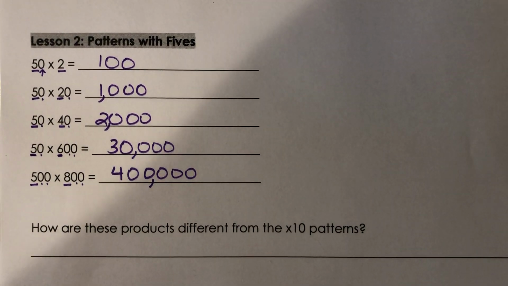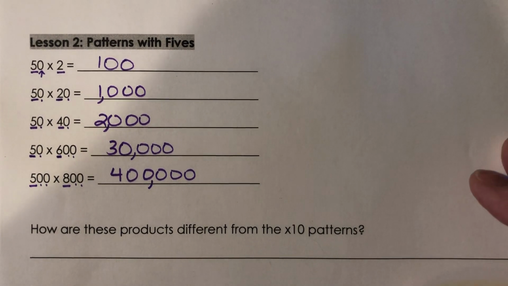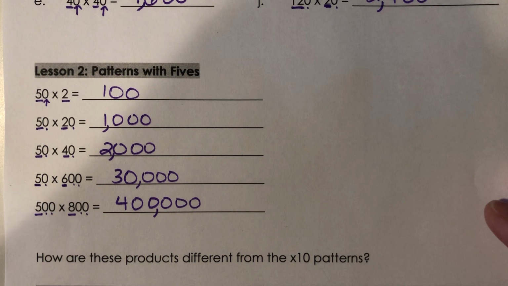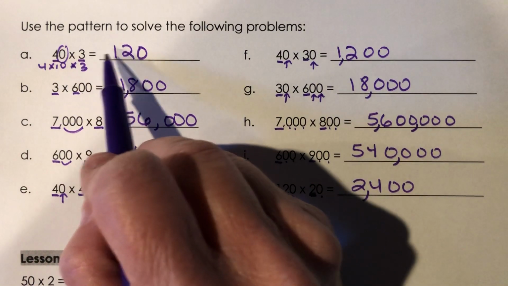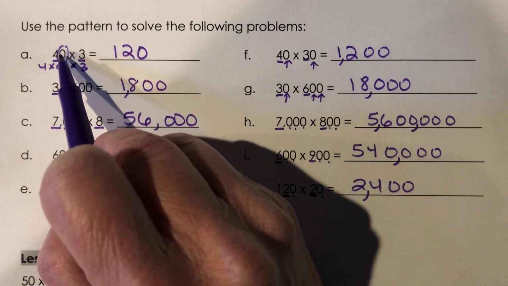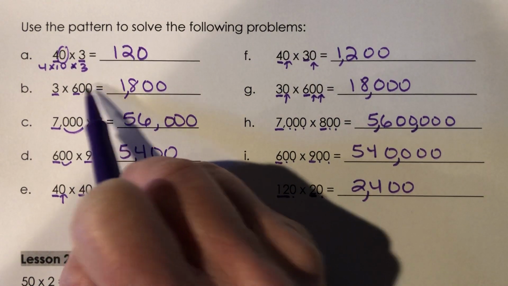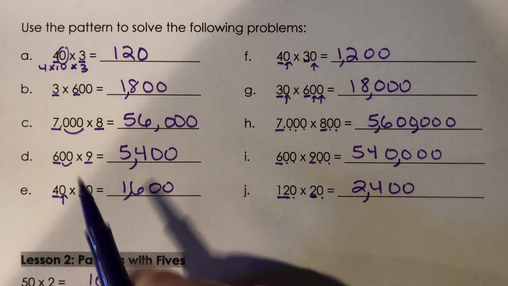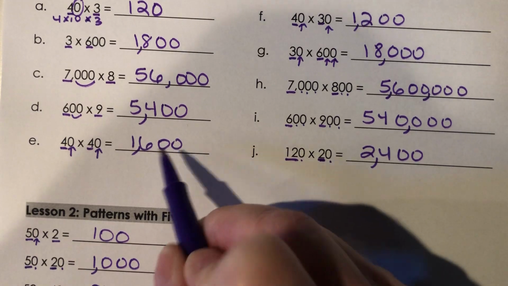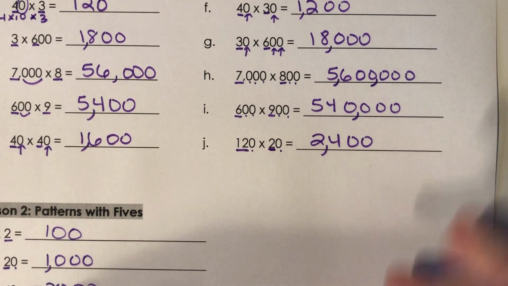Okay, welcome back. I am hoping that maybe you noticed there seems to be an extra 0. When we look at this, in 40 times 3, there's 1 zero in the problem, there's 1 zero in my answer. 2 zeros in the problem, 2 zeros in my answer. 3 zeros, 3 zeros. 4 zeros, 4 zeros.